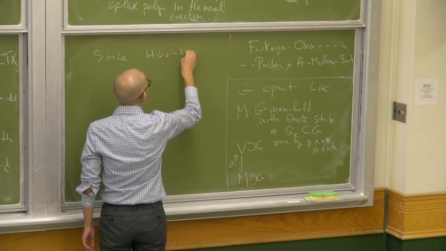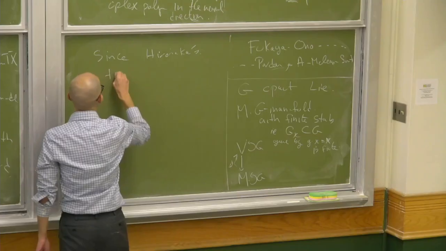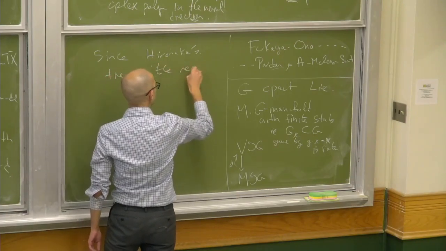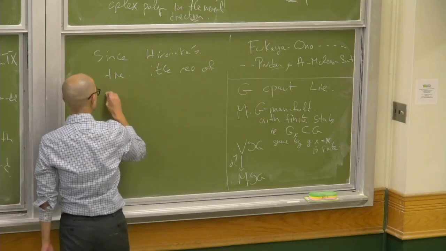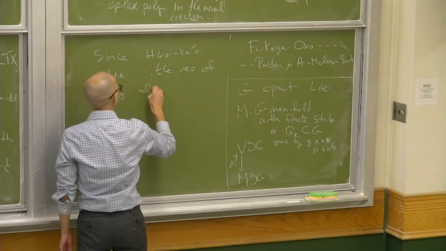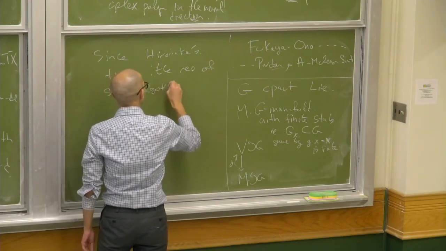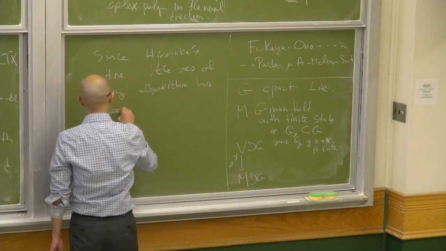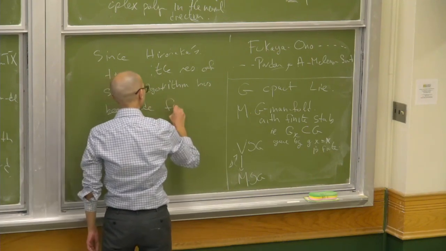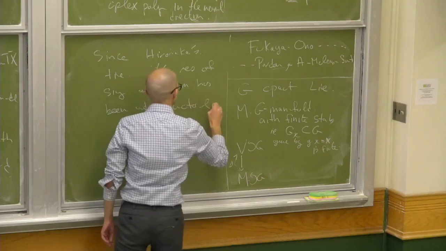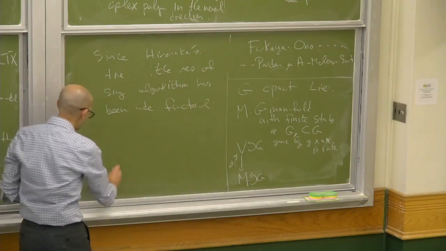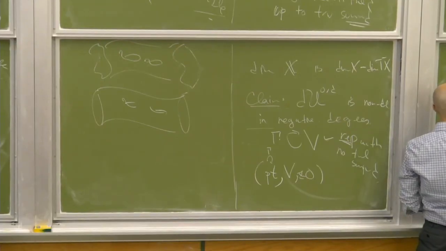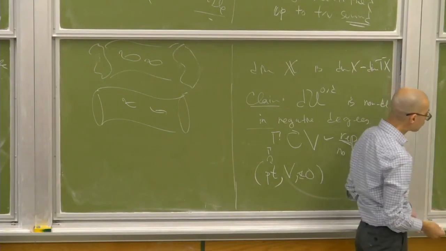At some time, the resolution of singularity algorithm has been made functorial in the following sense. If you have a variety Y, then you can produce Y tilde over it, okay? Subject to the following rule.